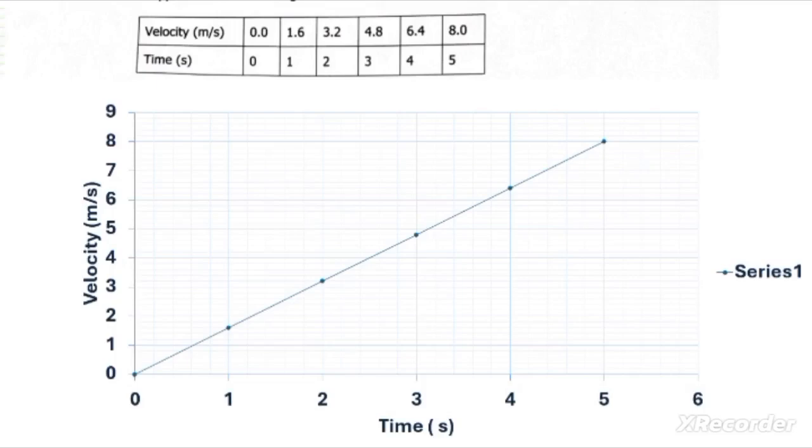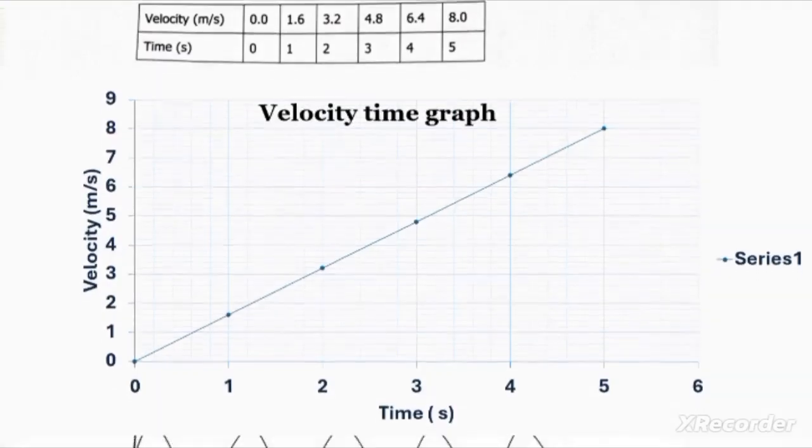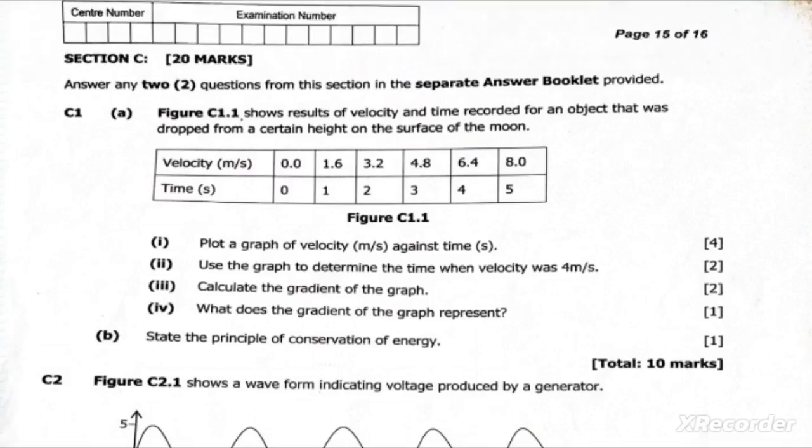Let us now move to the next question, which is question Roman numeral 2. Use the graph to determine the time when velocity was 4 meters per second. The question is carrying 2 marks, so we need to provide an answer that will attract 2 marks.